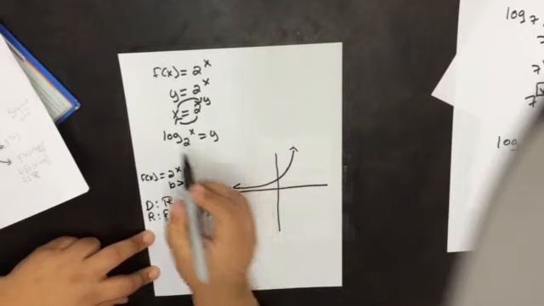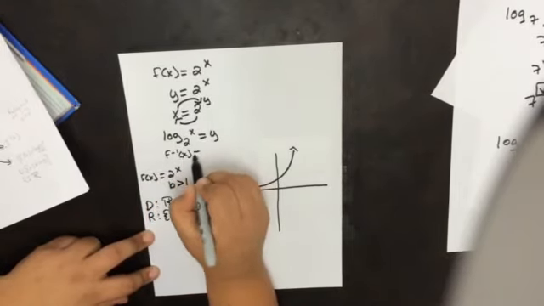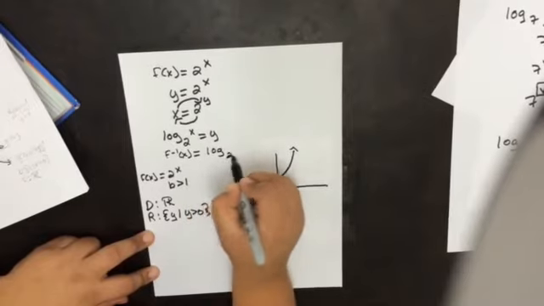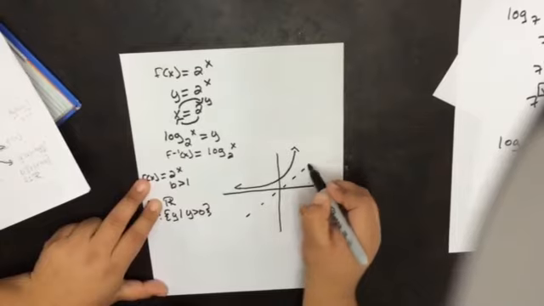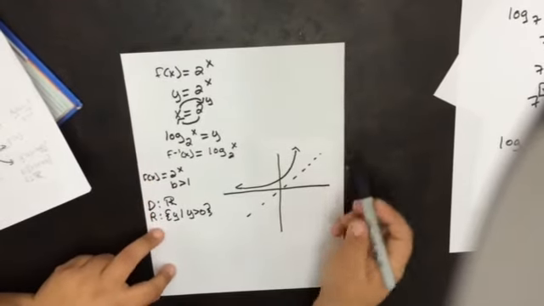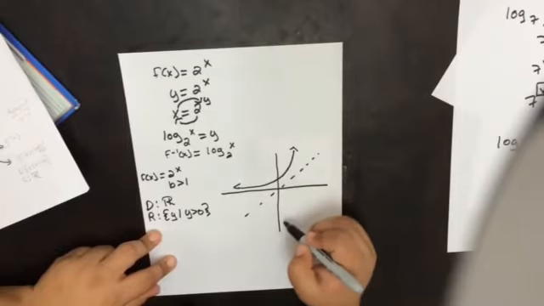Now if we're graphing the inverse, f inverse of x, which equals log base 2 of x, it's going to be reflected across the line y equals x. So it's going to look something like this.